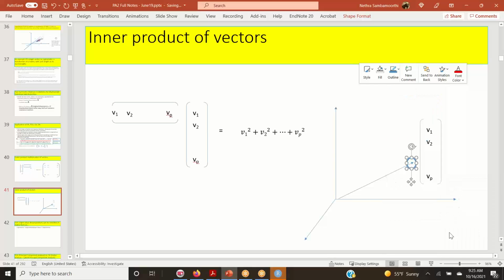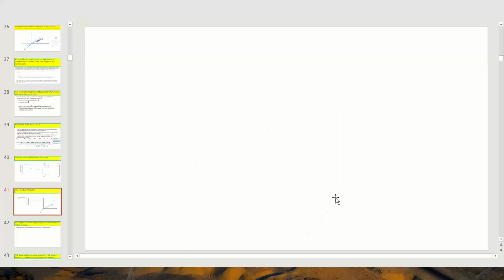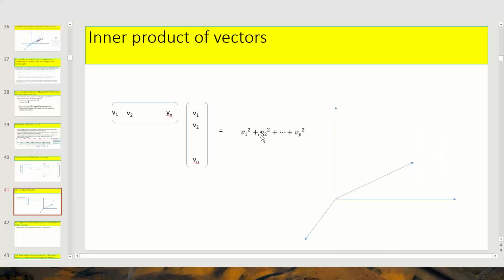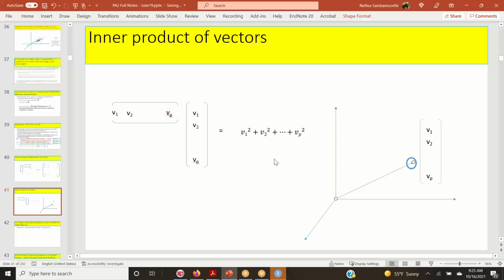Exactly that sharp point is what this vector is about in 3-dimension. The distance from the origin, 0, 0, 0, to this point is the square root of this. So that's the geometry of inner product, and this is the distance square.